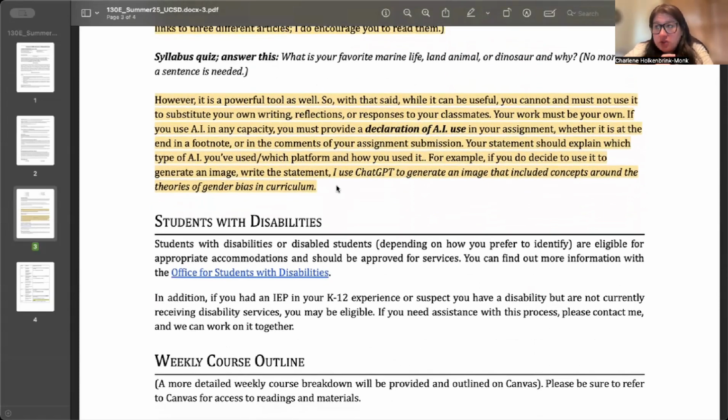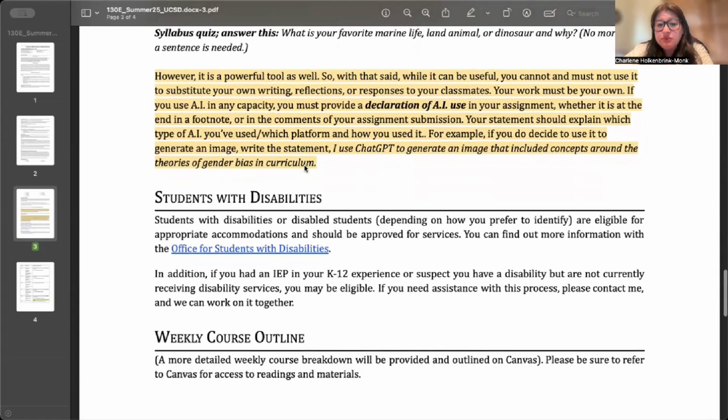I do want you to also put in there, this is what I asked it, this is what I said. And that would be the best way to kind of cover you, to make sure that there aren't any questionable practices. I do encourage you to not use AI, but if you do use it as a tool and not something to replace your writing and your work, then that's different.